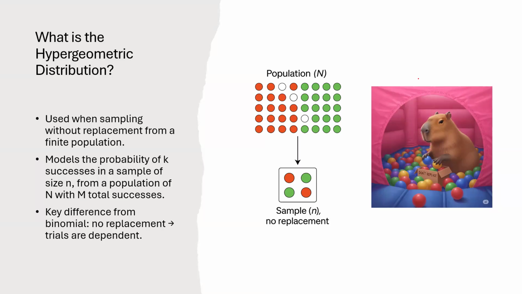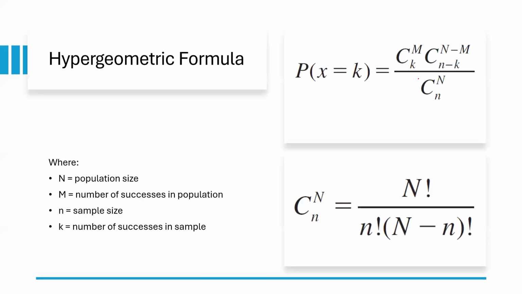This distribution tells us the probability of getting exactly k successes in n trials drawn from a population of capital N items, where capital M of them are successes. Here's the formula that defines the hypergeometric probability.